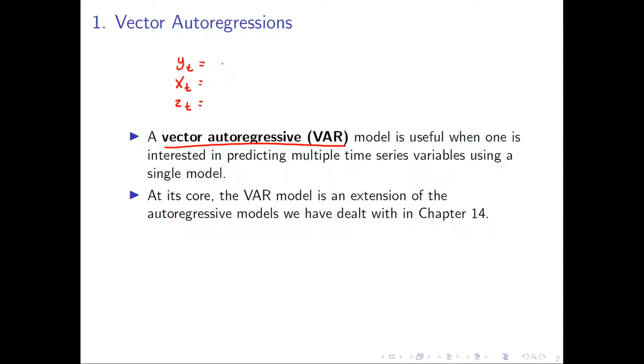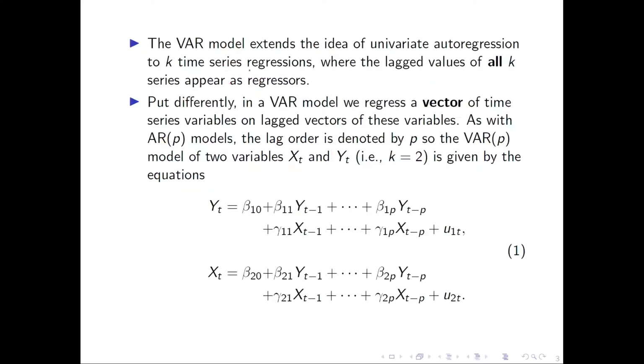Okay, so then you could use a vector autoregressive framework, and this is just an extension of the autoregressive model, which we are quite familiar with, and the autoregressive distributed lag model. In this case, we have 3 different time series, but in the general case, we have k time series regressions. So we have k number of time series, and these k time series are explained by lagged values for all the k time series.